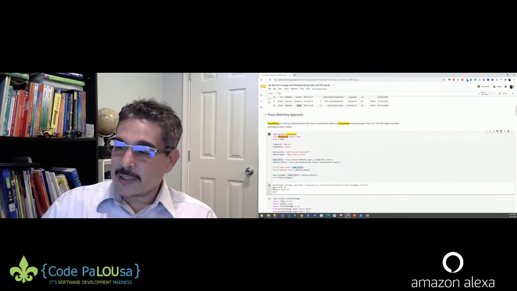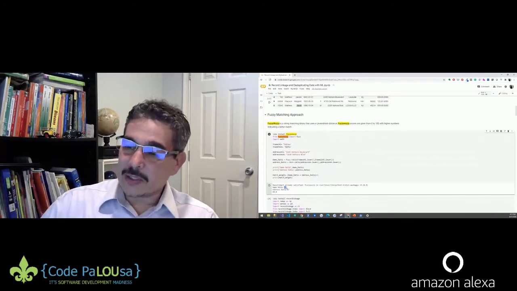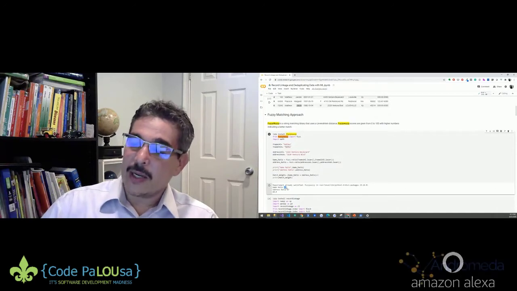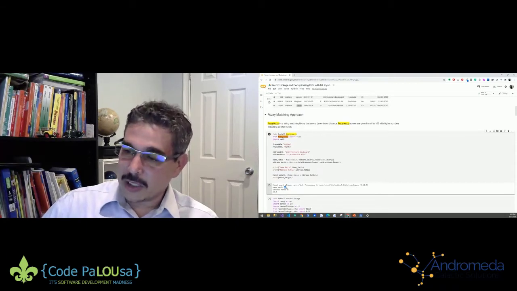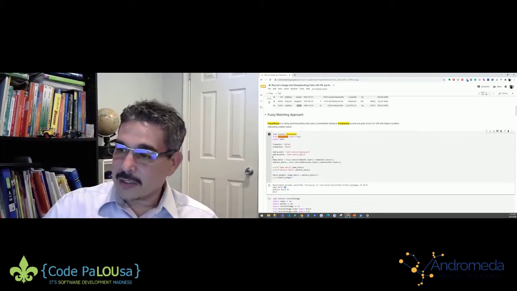You can see the name ratio between Matthew and Math is 73, because we are flipping it: every time it's a high number, that means highly related. So 73% are matching. For the address, here they wrote Phil Boulevard and here just PLVD, and we see 87% is matching.